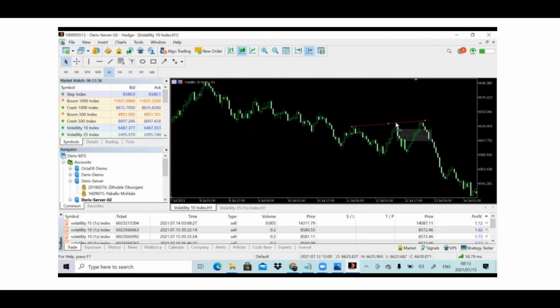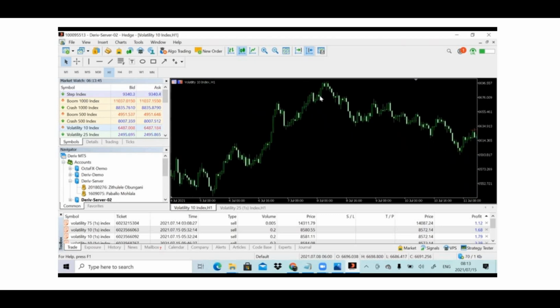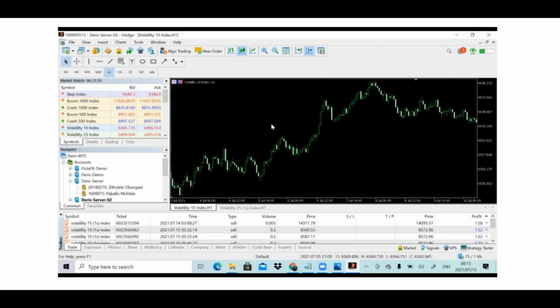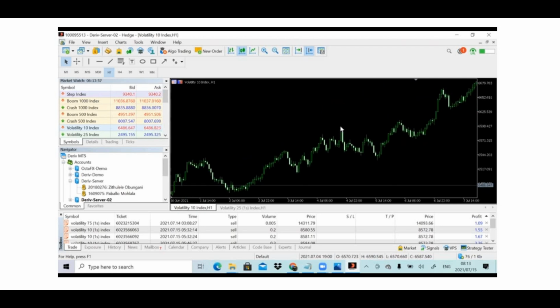You see, it's not symmetric. 1, 2, 3. Here's a head and shoulder here. Shoulder, head, and shoulder. Like that. Then 1, 2, 3, triple bottom here.